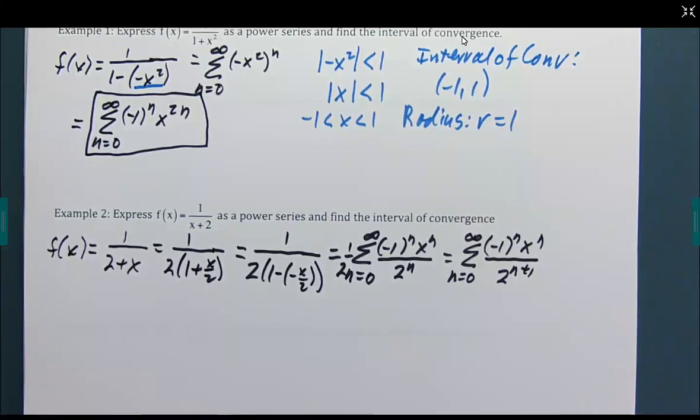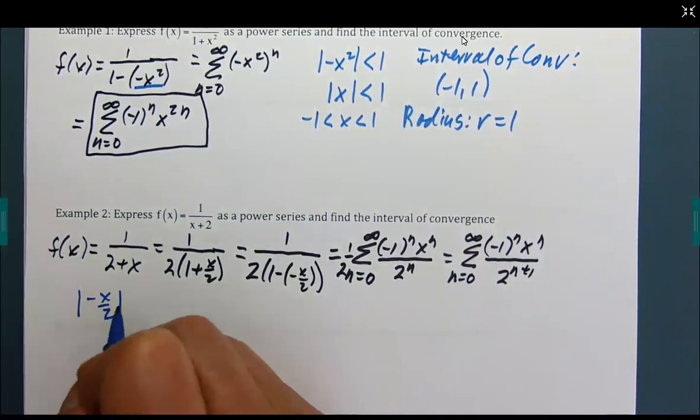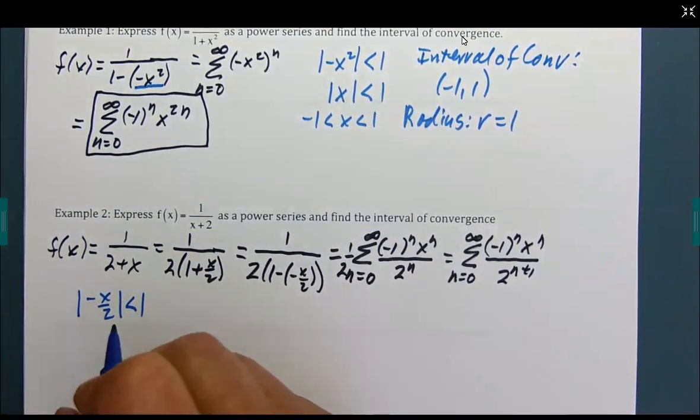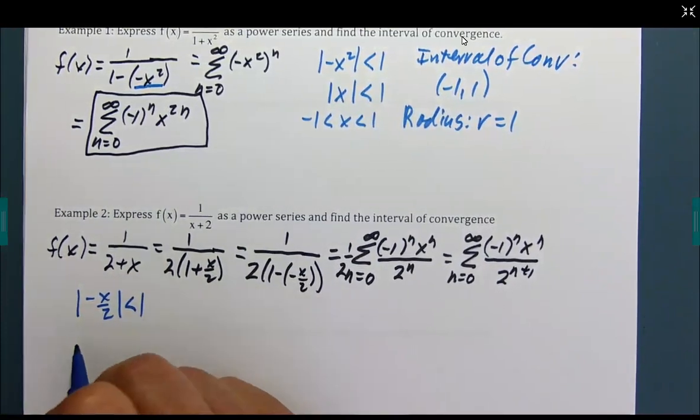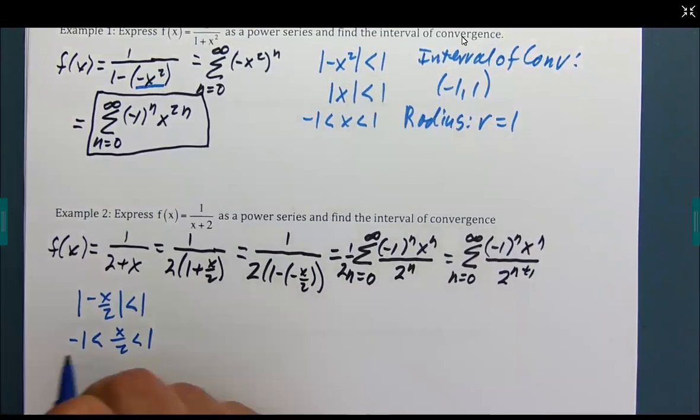I'm going to note in this case that to find the radius or interval of convergence, I need the absolute value of -x/2 to be less than 1. Again, the absolute value gets rid of the negative, not an issue. So we end up with -1 less than x/2 less than 1, and multiply through by 2.